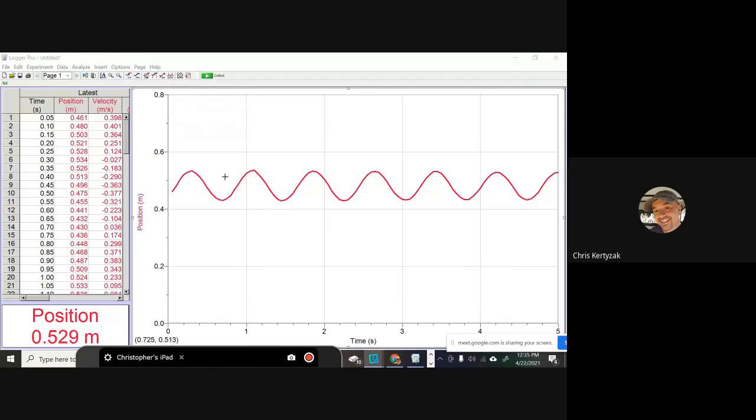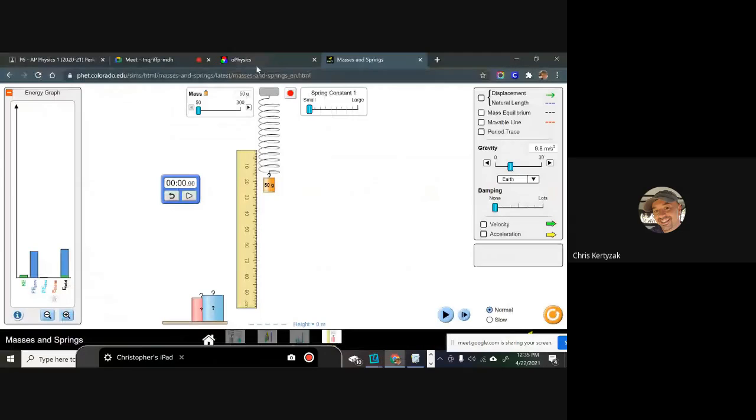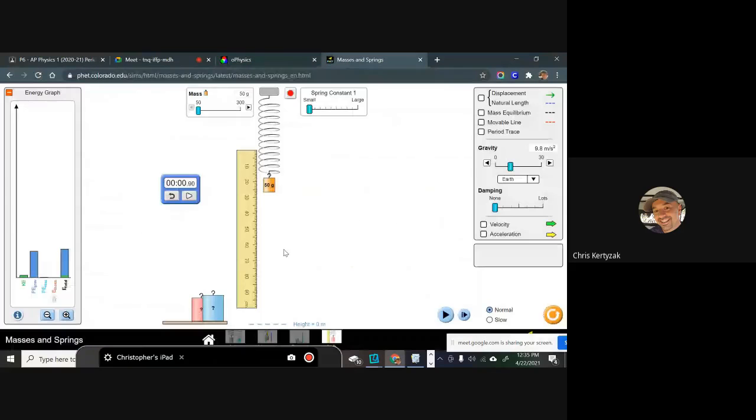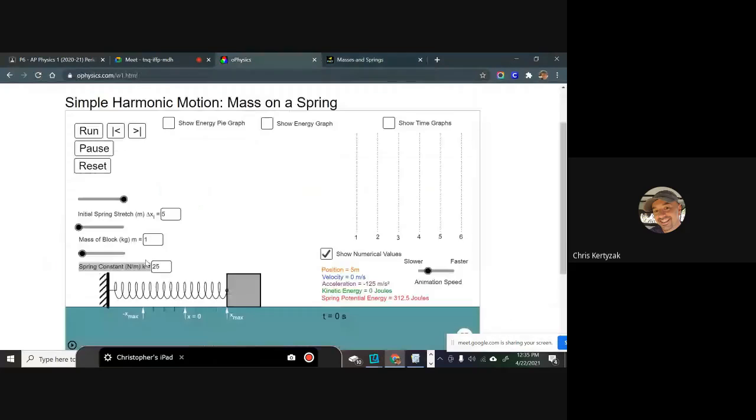If I were to go back to here again, I have another one here. So know that you're going to see vertical mass spring systems. You'll also see horizontal mass spring systems, as we see here, where the spring is attached to a wall. The x equals 0 is right in the middle, and this would be plus 0.2, and this would be minus 0.2 meters. And I can hit play.